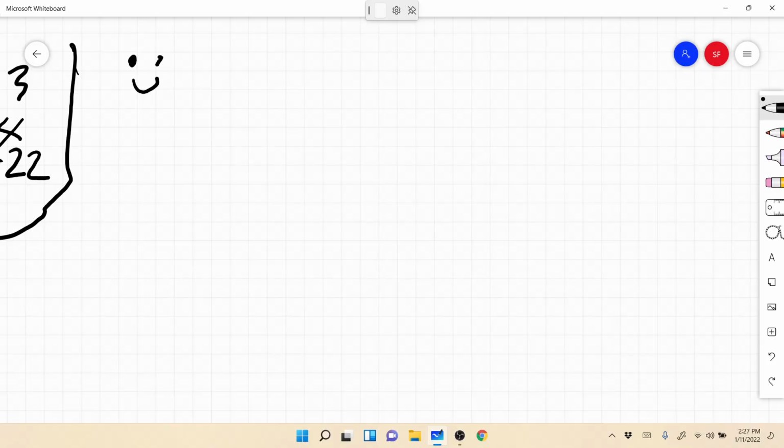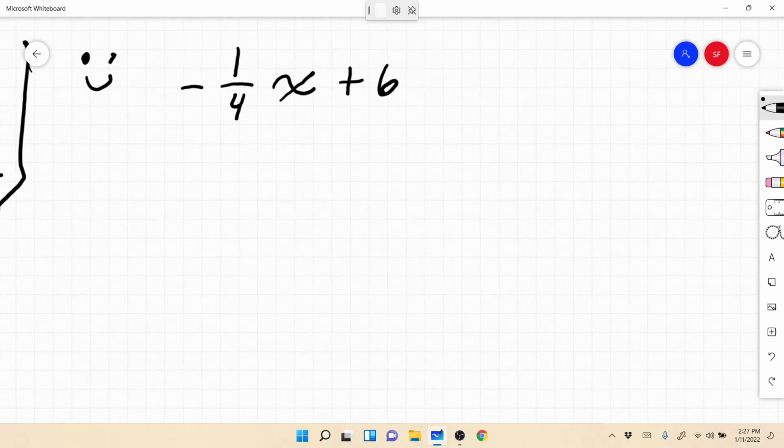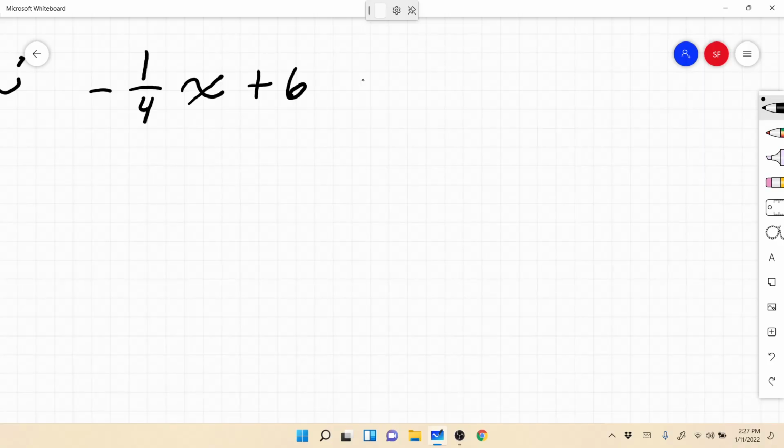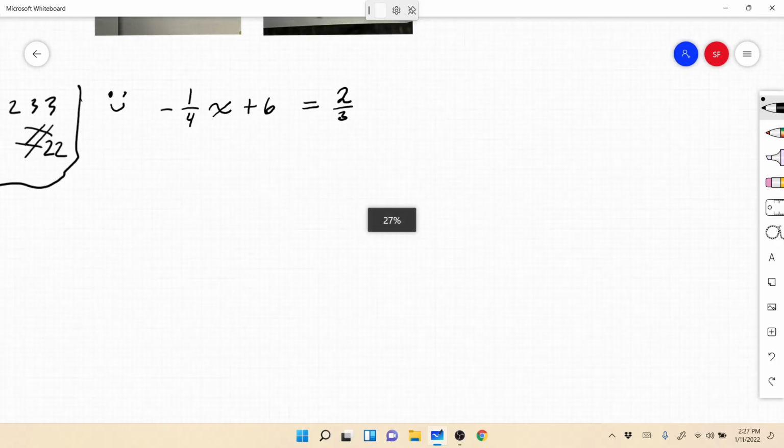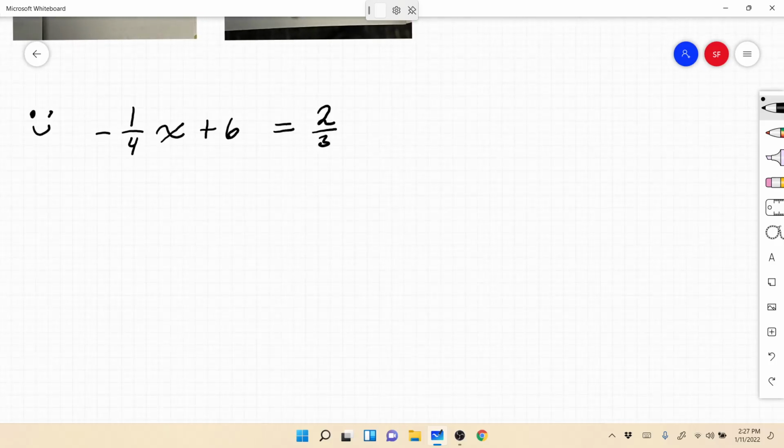Negative 1/4 x plus 6 equals 2/3 x plus 28.